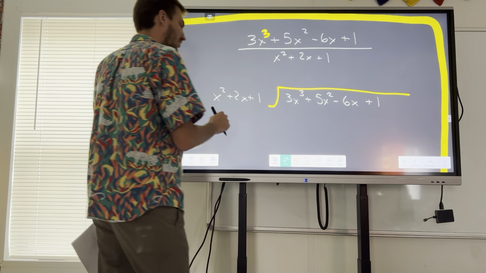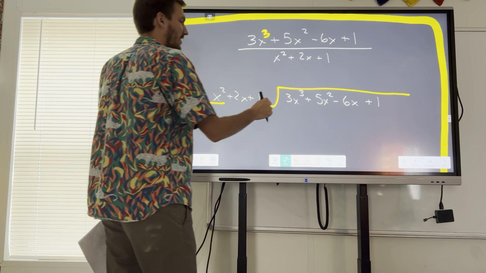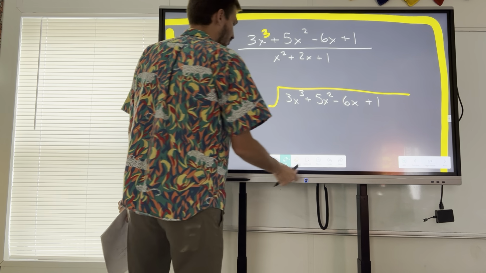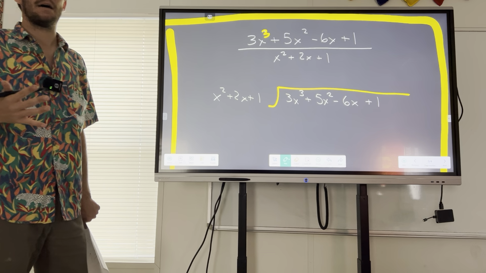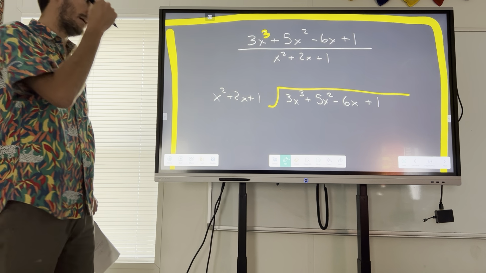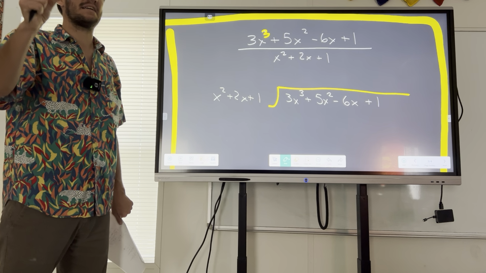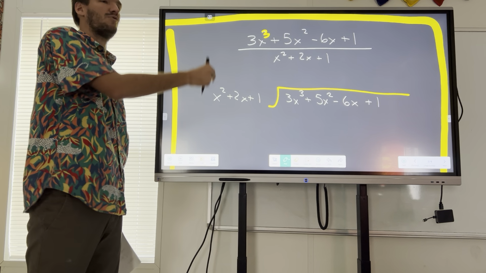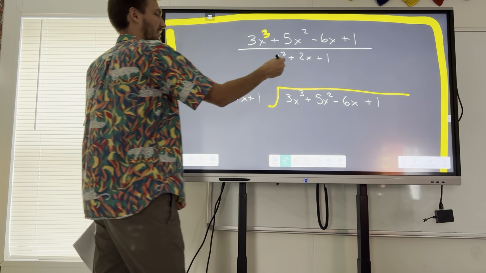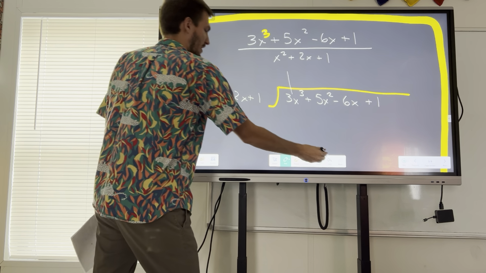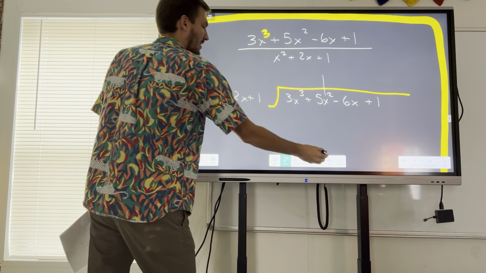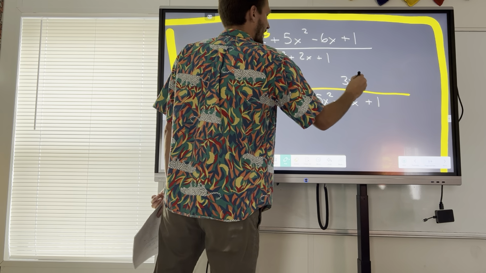How can you turn an x squared into a 3x cubed? What would you need to multiply it by? 3x. Then you're going to take that 3x and put it in the correct column. Does it go here with the x cubes? No. Does it go here with the 5x squares? No. It goes here.